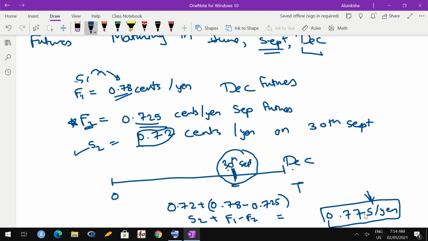It got a decent rate. 0.775 is a decent rate, almost near its initial futures price. This is the benefit of futures, and that's why this is hedging using futures. So why are we entering into so many transactions unnecessarily? It's not unnecessary. It is to compensate for your losses.